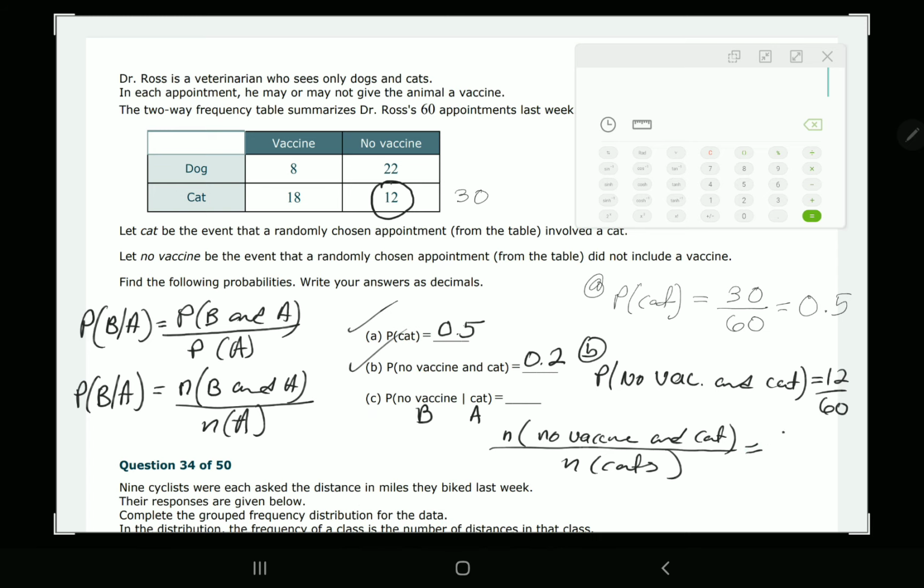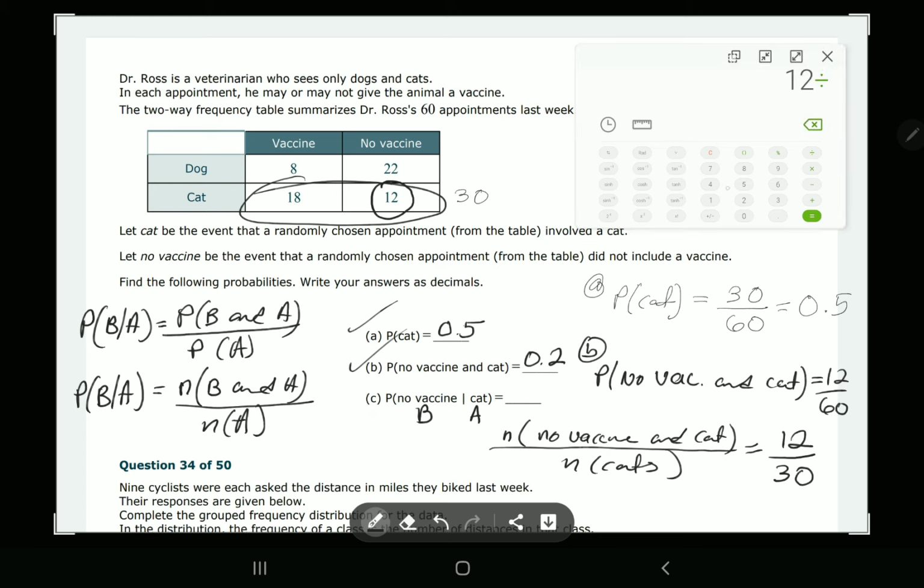So my numerator is going to be 12, divided by the number of cats, which is 30. So that's 12 divided by 30, and 12 divided by 30 should be 0.4. And that is the answer to C.